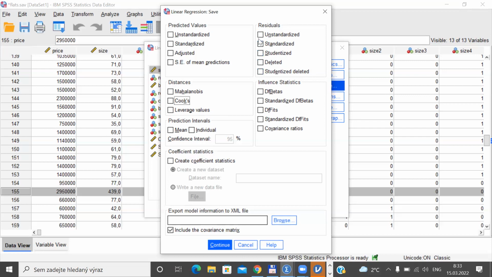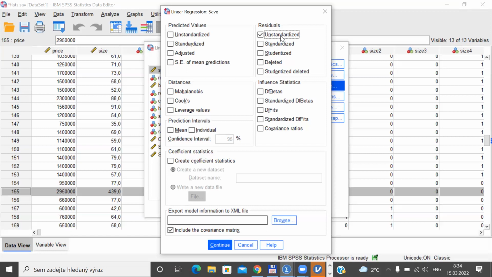But once again, for Glejser's test, we need to take absolute values of unstandardized residuals. Once again, the residual means the difference between the real value of the dependent variable, so the real price of the flat, and the value predicted by my regression model. So that's the unstandardized residual, only the difference between these two. Jamovi can do it also.